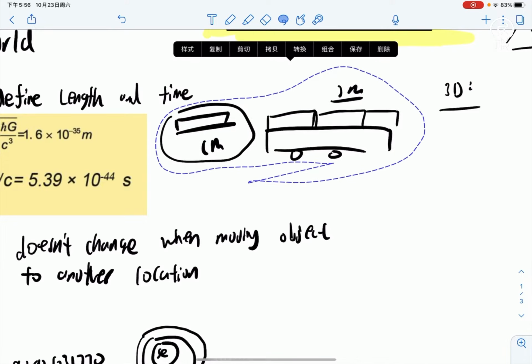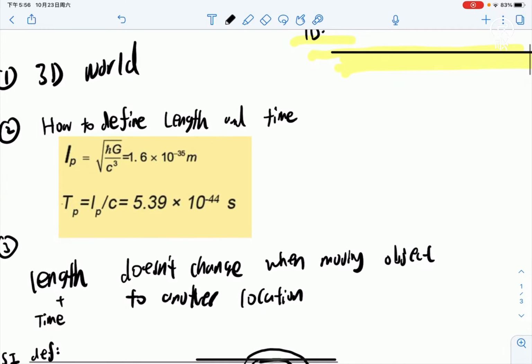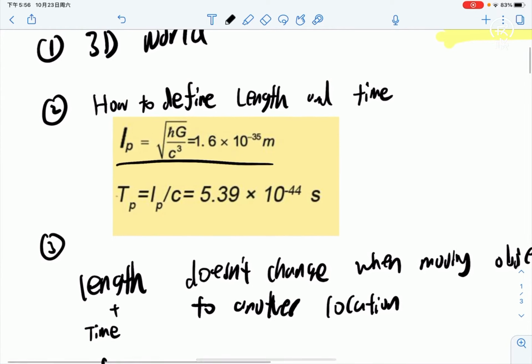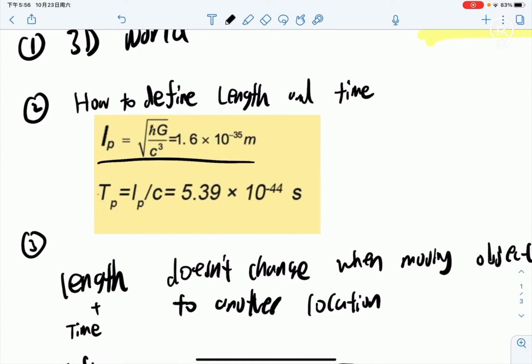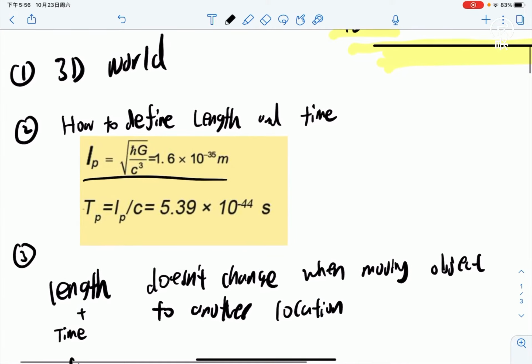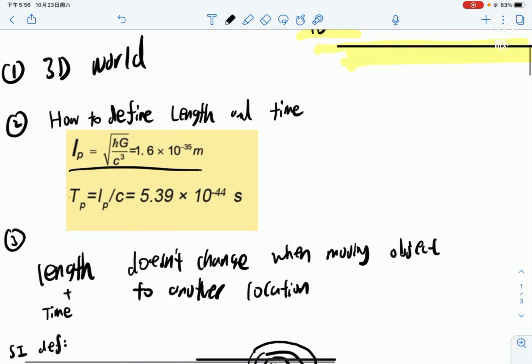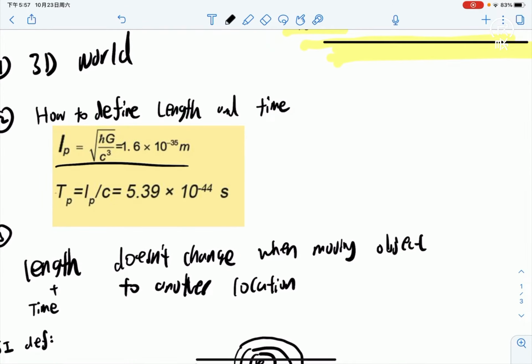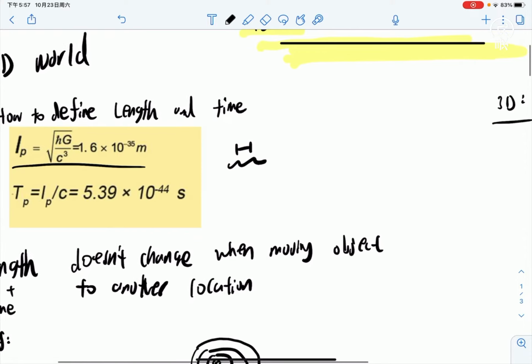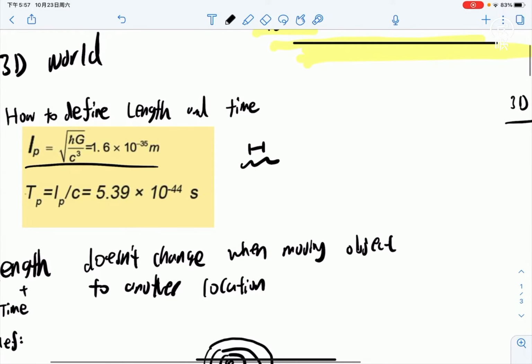And I think the best definition might be using the Planck length. It is the shortest length in the physical world we live in. It is the smallest length that exists in the world, and there's no point in talking about a length smaller than this.